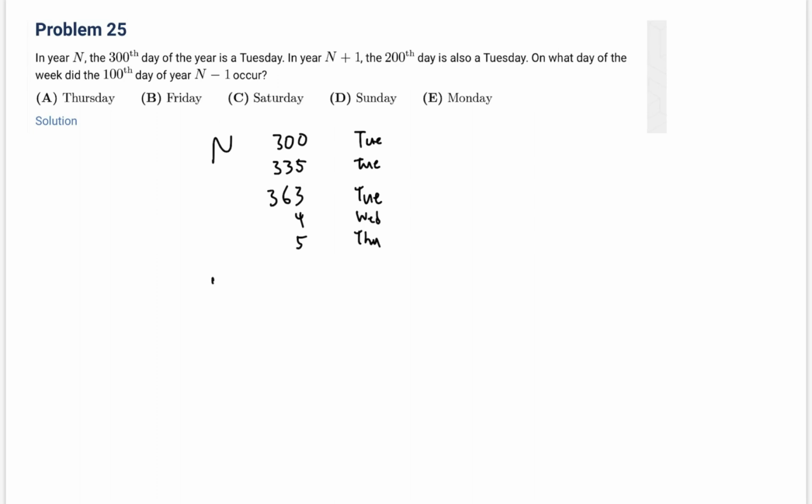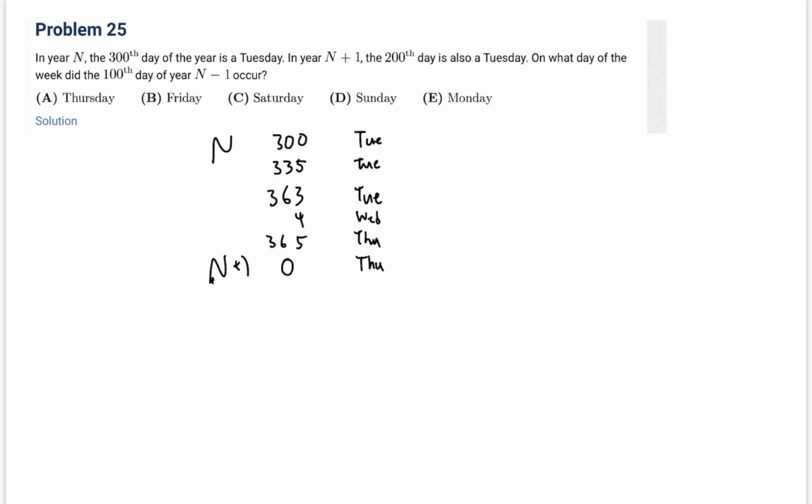So the 0th day of year n plus 1, which is the same as the 365th day of year n, would also be a Thursday, since these two are the exact same date.